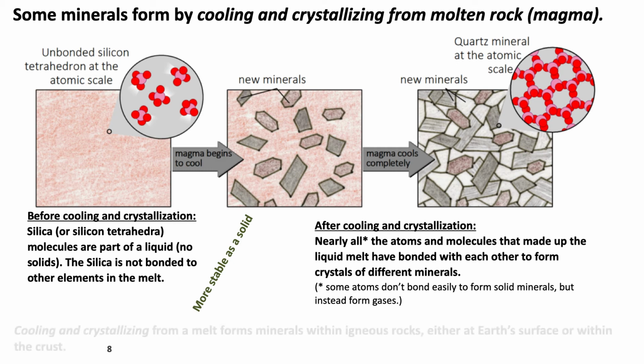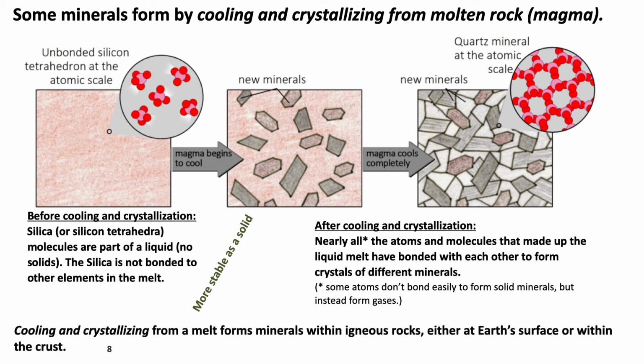So the big picture here is that these processes of magma cooling and then crystallizing, that is becoming solid rock from a liquid form or a melt, form minerals usually within what we consider igneous rocks. And so this can happen at Earth's surface like lava or within the crust. So it can be miles underneath Earth's surface and still form. But we consider this a process that happens in the crust.